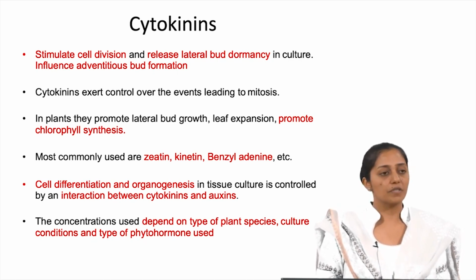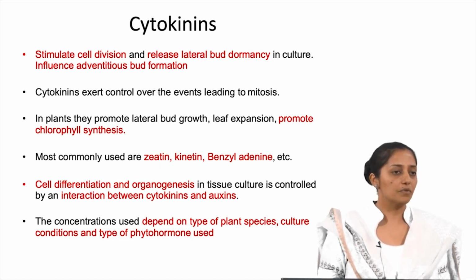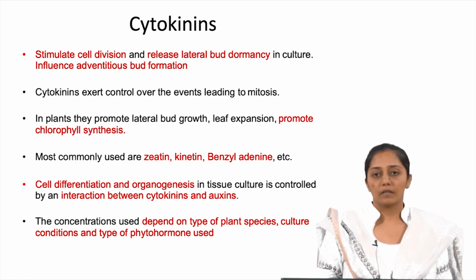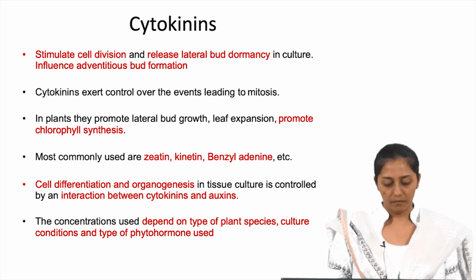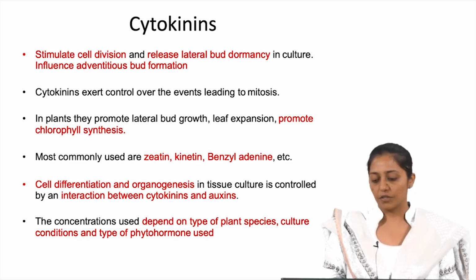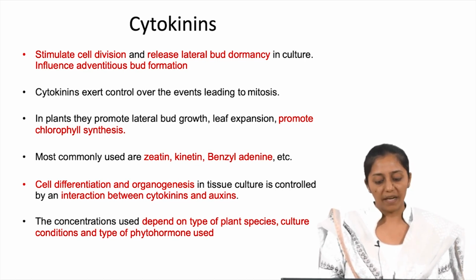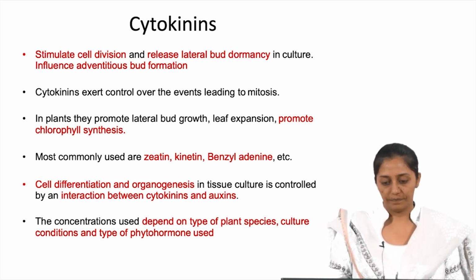So, the most commonly used cytokinins are zeatin, kinetin, benzyladenine. You will find mainly benzyladenine being used, and thidiazuron is also used. So, cell differentiation and organogenesis in tissue culture is controlled by interaction between cytokinins and auxins.